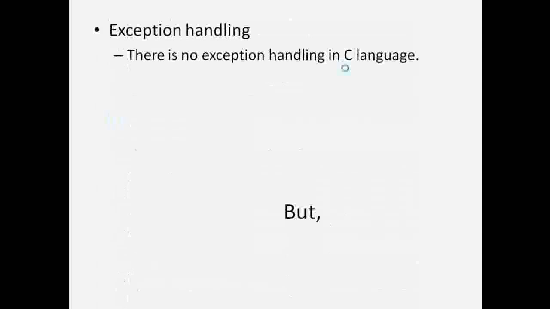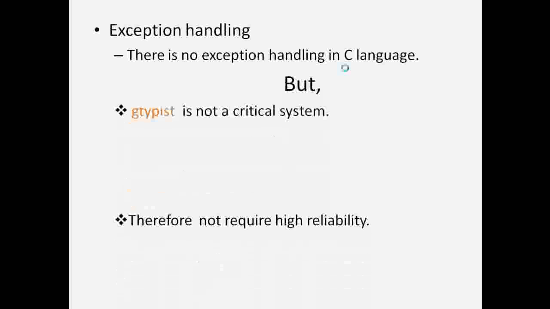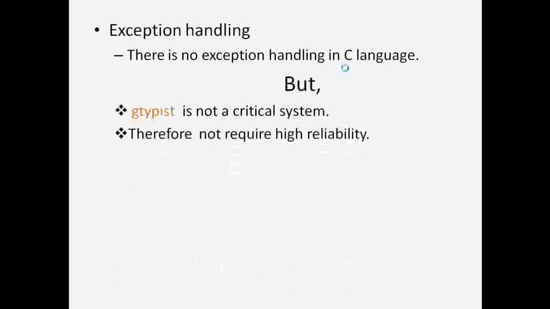What can we say about the reliability of the software? To talk about the reliability, we are going to discuss two main factors. First one is exception handling. Actually, C does not have an exception handling mechanism, but G-Typist software is not a critical system. Therefore, G-Typist does not require high reliability mechanisms.